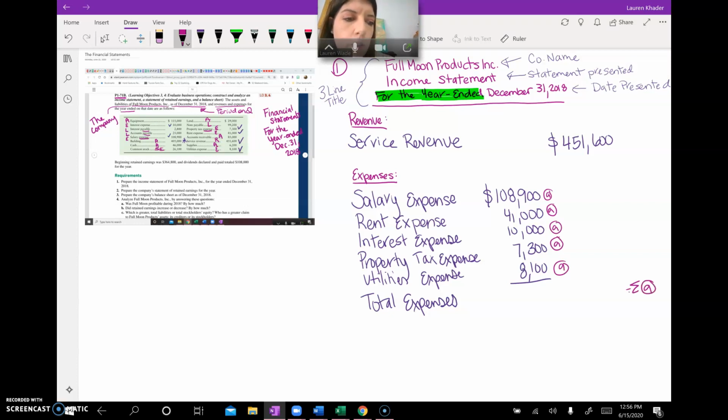And I'm going to list the total expenses, the sum of these A's, right underneath my service revenue amount. So after I add up salary expense, rent expense, interest expense, etc., I'm going to equal $175,300.